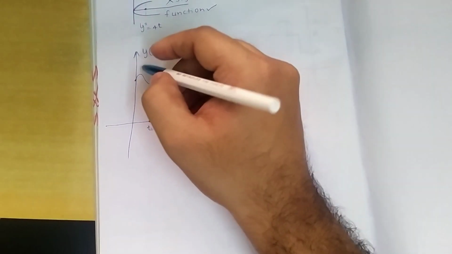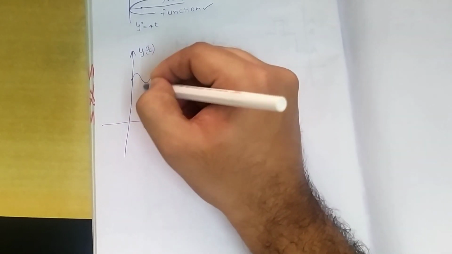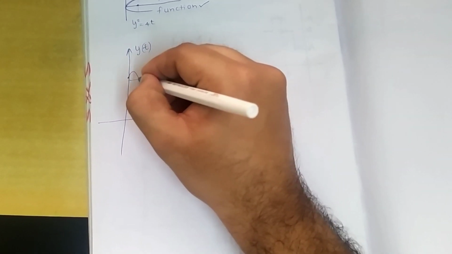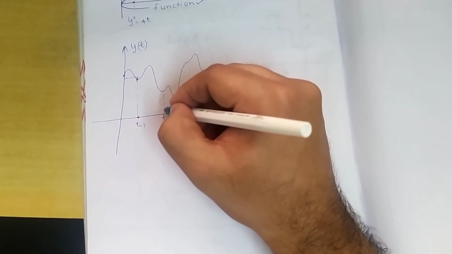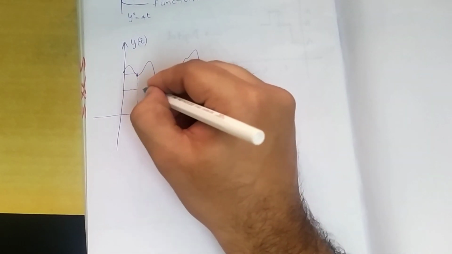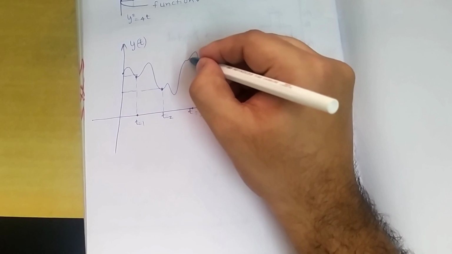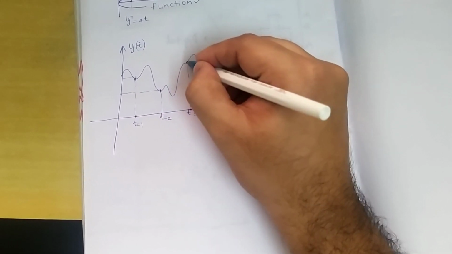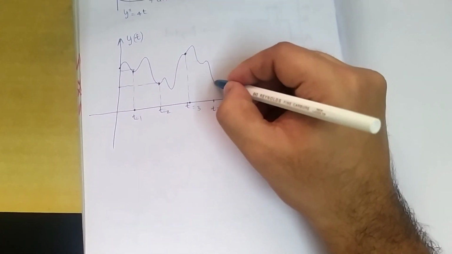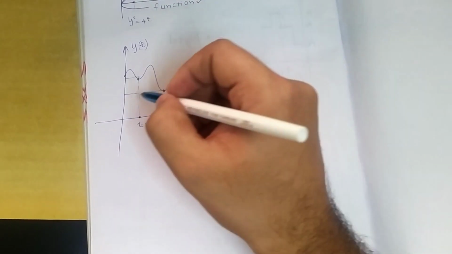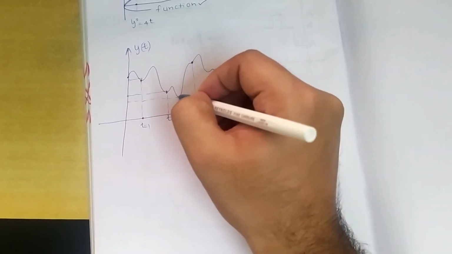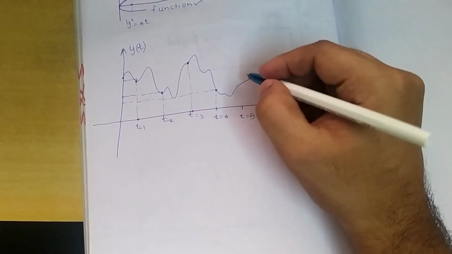At different instances of time you see what the value is on the y axis. Basically you are just measuring the value of the signal at different instances of time. This is called sampling.